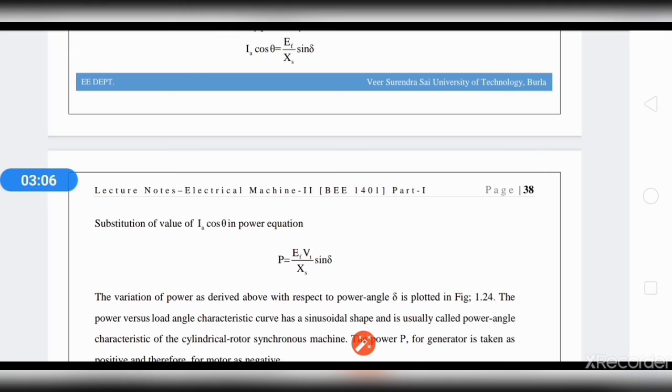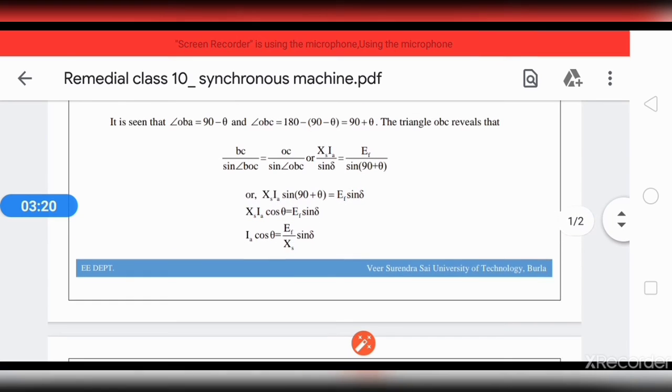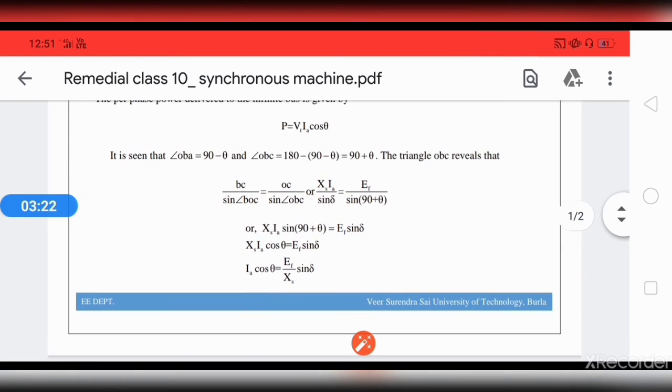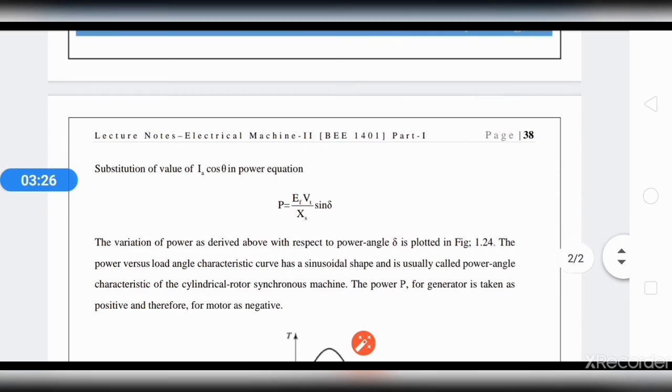Substituting the equation of Ia cos theta in the power equation, we get the power developed as equal to EF into Vt upon XS sine del. So this is the equation of the power developed by an alternator connected to an infinite bus bar.